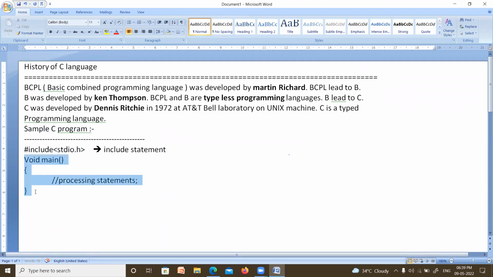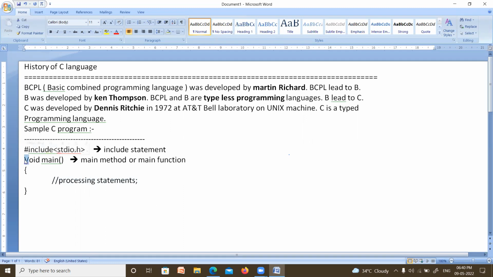This is called the main method, or main function. The code which is important to your program is known as processing statements.